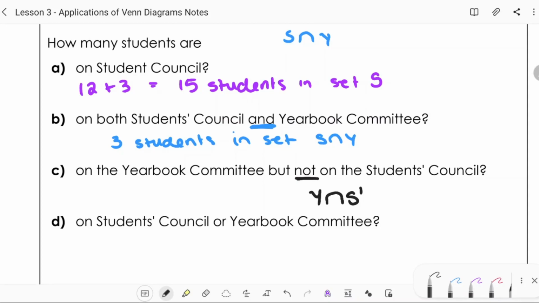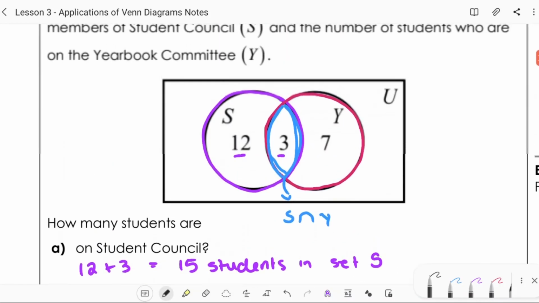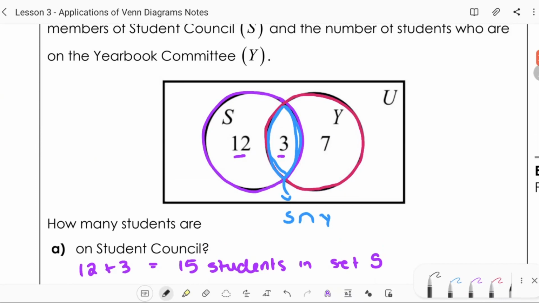So I'm looking for things that are part of set Y and not part of set S, not part of the student council. So this is another intersect, but notice I'm intersecting with a complement this time.